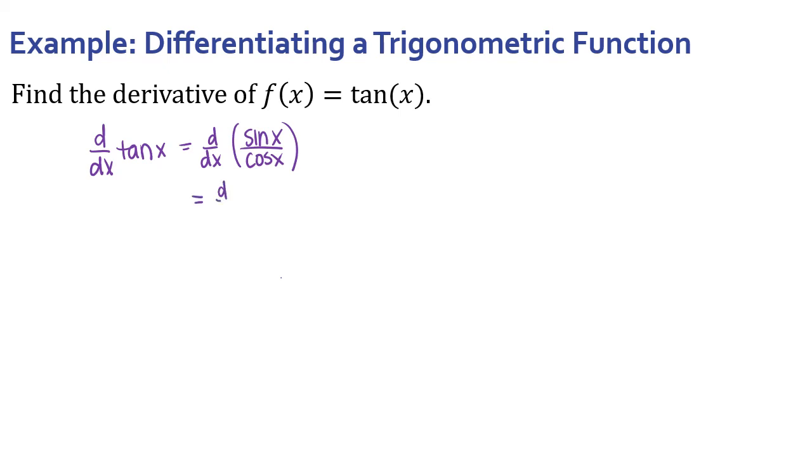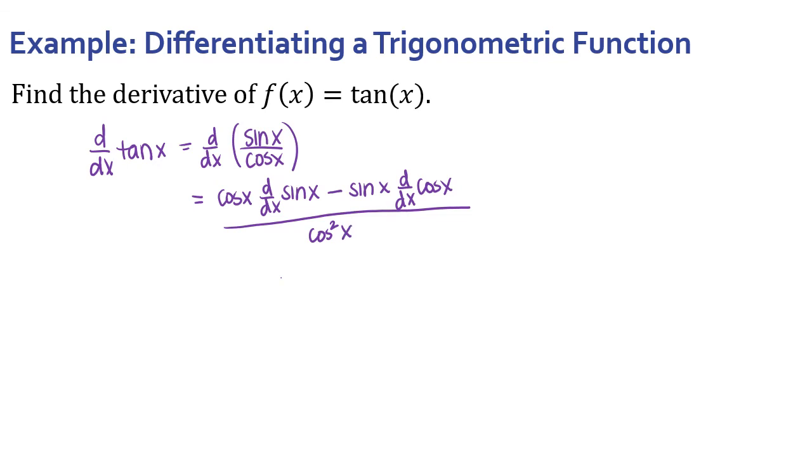That's the denominator times the derivative of the numerator, minus the numerator times the derivative of the denominator, all over cosine squared x, so the denominator squared.